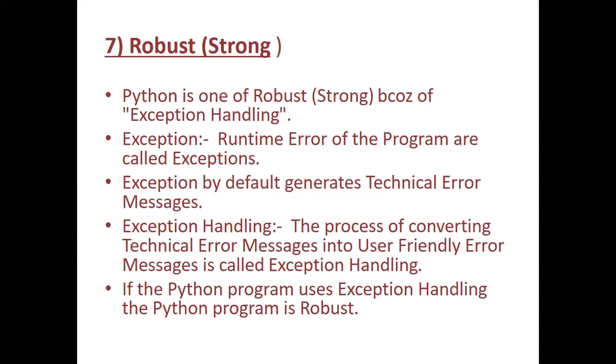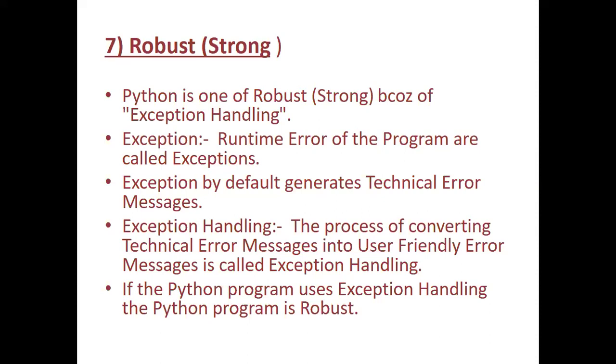If it generates any technical error message which is not understandable by the end user, like when you go to the ATM and try to enter an invalid PIN, you get the error invalid PIN, right? That is a user-friendly error message.